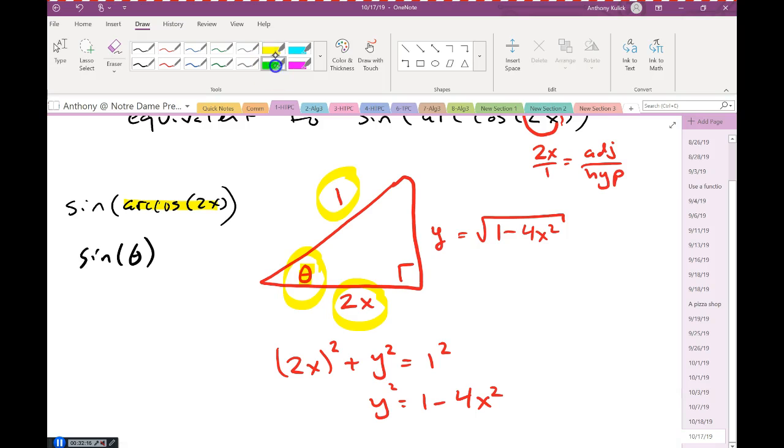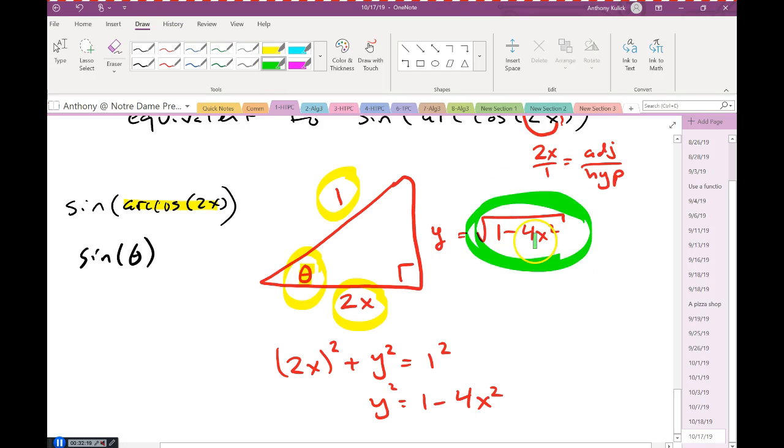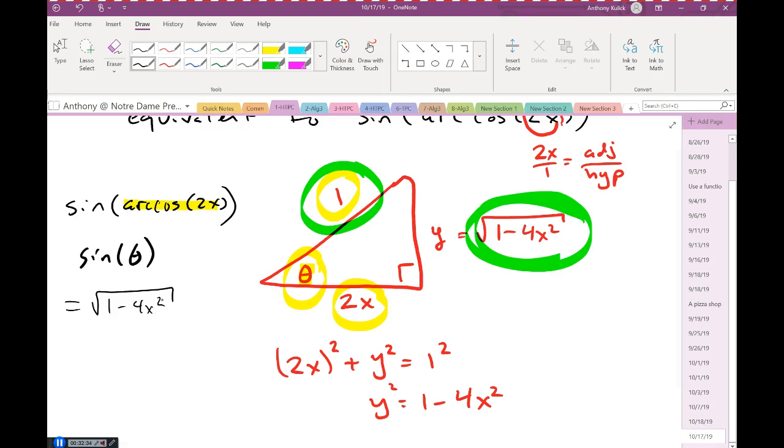So to take sine of theta, then, we do opposite over hypotenuse. And we're done. If you want, you can write it over 1 if that helps. We did opposite over hypotenuse to do the sine of angle theta.